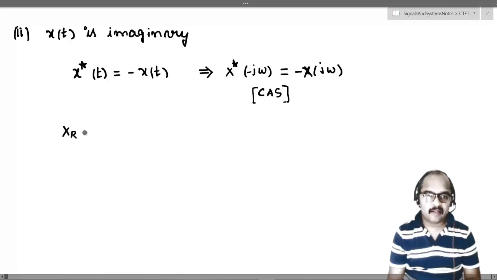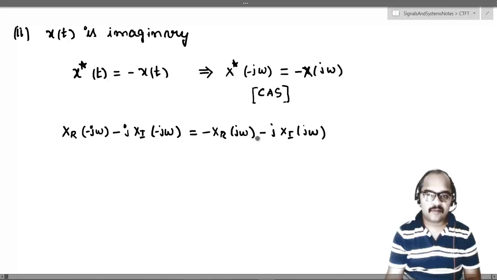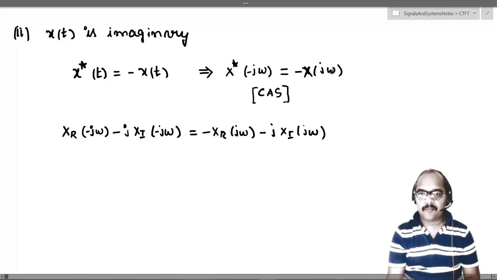We get xr of minus j omega minus j times xi of minus j omega, correct, is equal to minus xr of j omega minus j times xi of j omega. So x star of minus j omega we already got before, I am just replacing that here, and minus x of j omega implies minus xr of j omega minus j times xi of j omega.